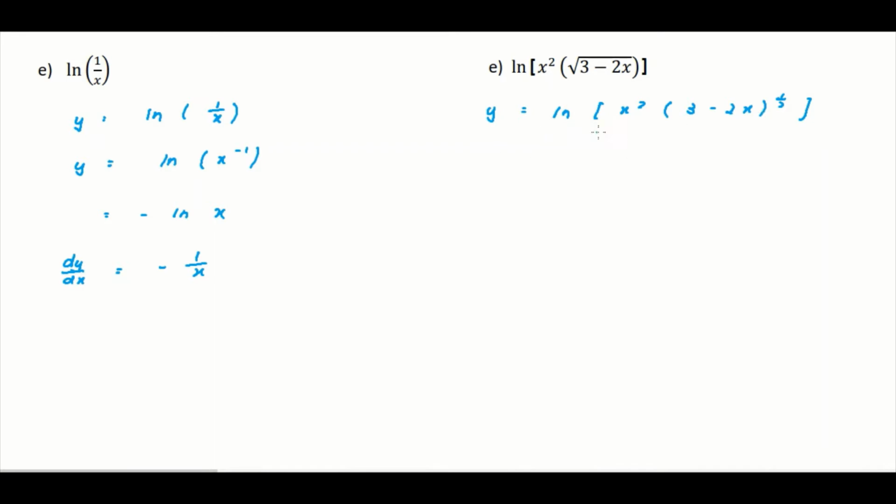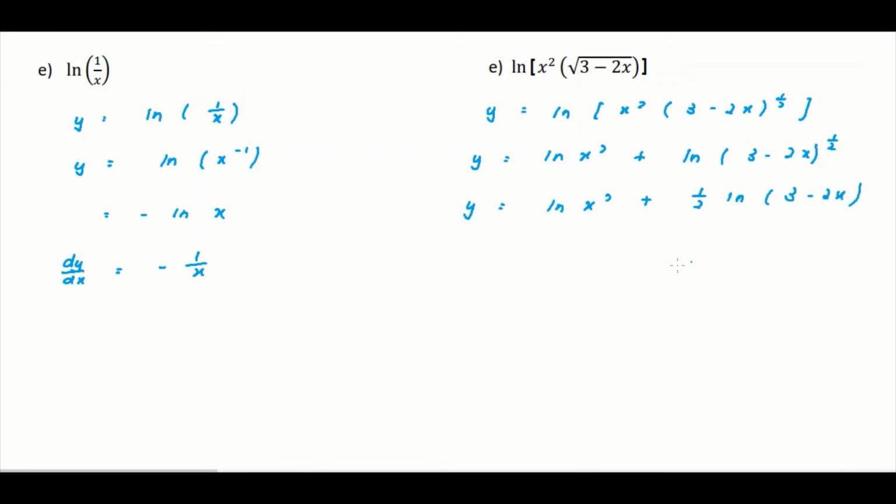So that's why we can use the idea that log ab equals log a plus log b. So y equals natural log x squared plus natural log of (3 minus x squared) to the power 1 over 2. Same thing, we do not want to deal with the composite, so what we can try to do is move the power to the front.